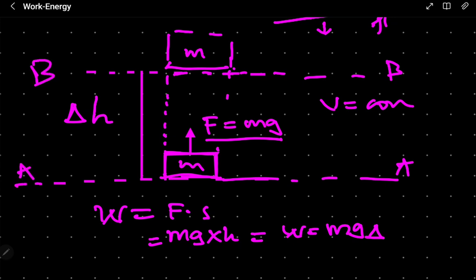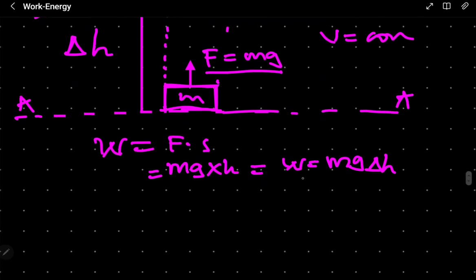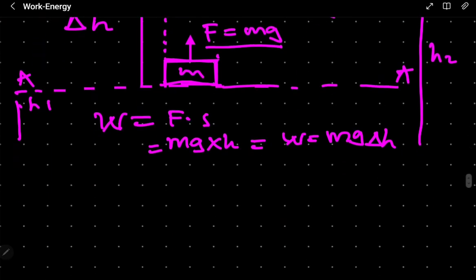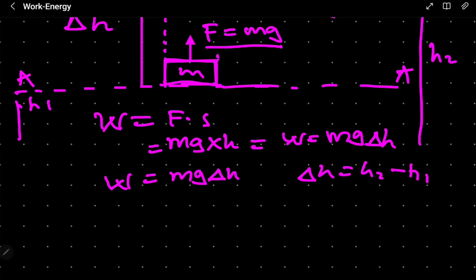You can have another height here, h1. You may move this mass from h1 to another elevation h2 like this. So the work done here is equal to mg times the change in h, but the change in h is h2 minus h1.